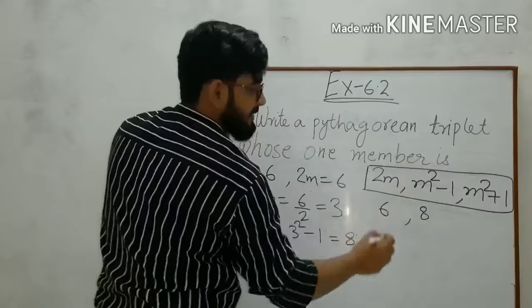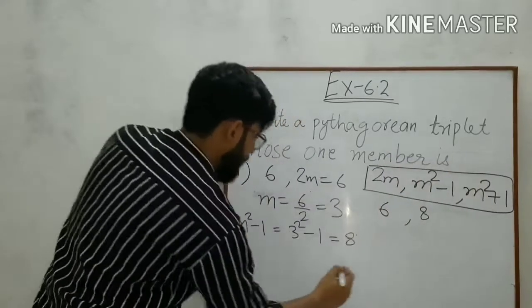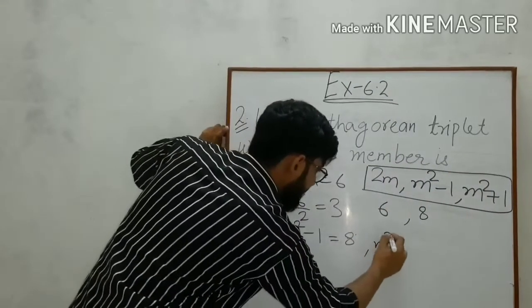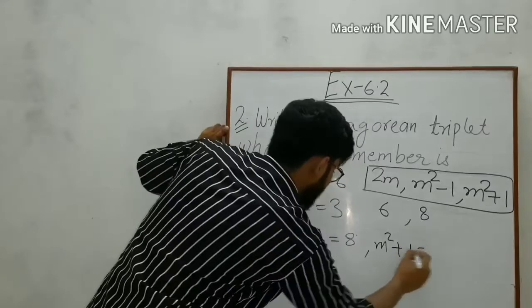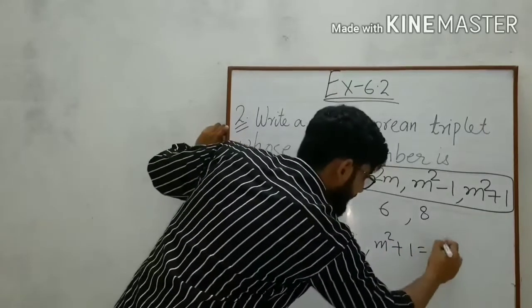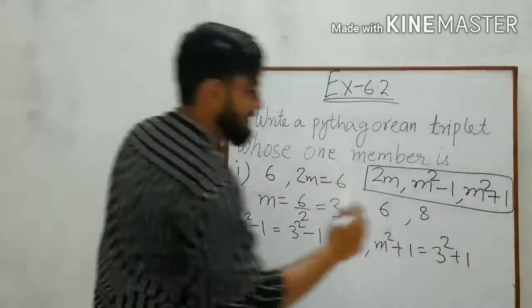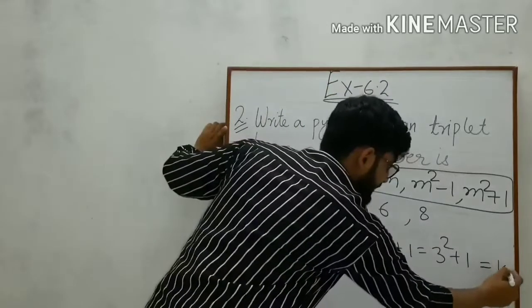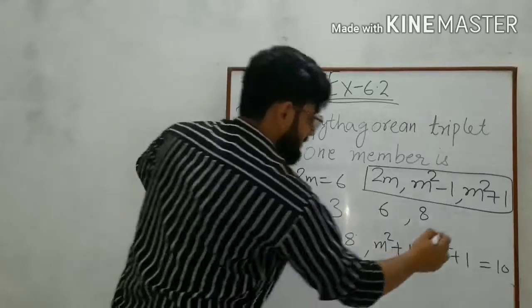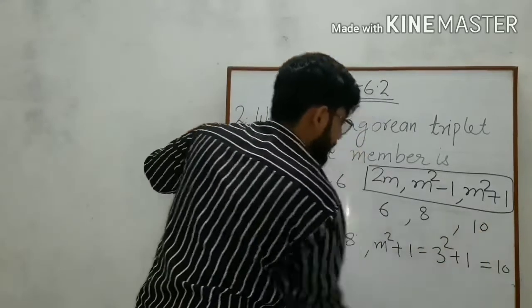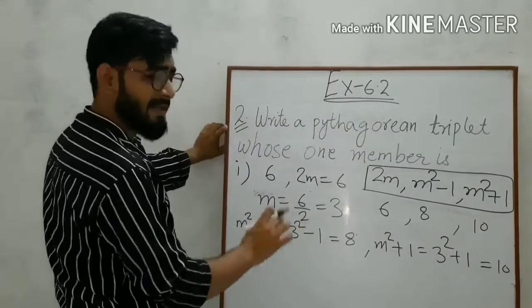Now one member is remaining, that is m square plus 1. So m square plus 1 is equal to 3 square plus 1, and 3 square is 9, 9 plus 1, that is 10. So you get the third member also, that is 10. One member is given, 6.